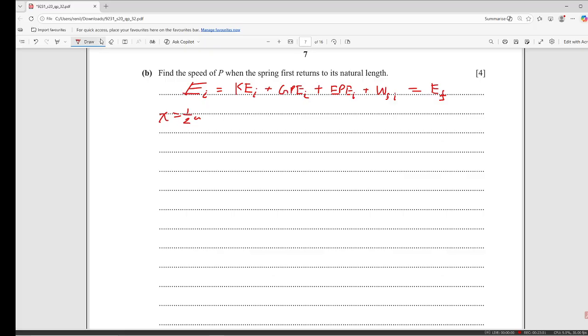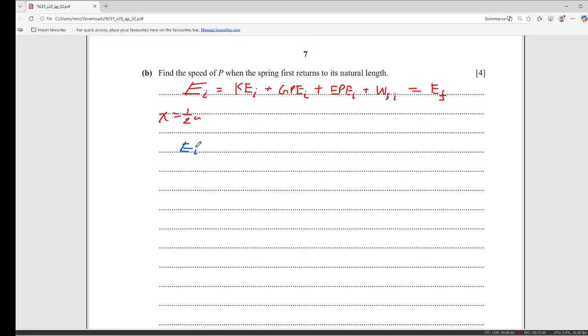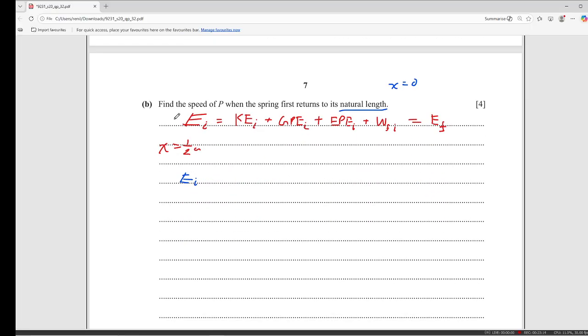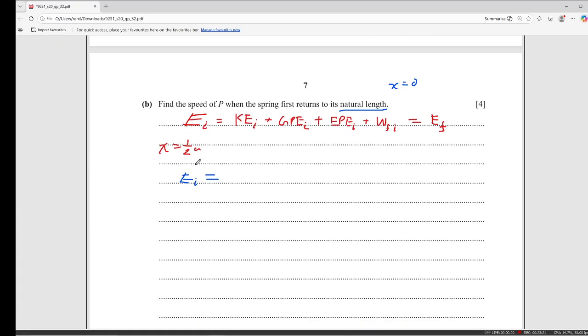Let's write that in blue ink. So the initial energy, let's consider this to be the initial scenario. Remember, the final scenario is when it returns to natural length, basically when x equals 0. So the initial scenario we can take as 1 by 2a. Kinetic energy, since it is released from rest, we can say that kinetic energy is 0.